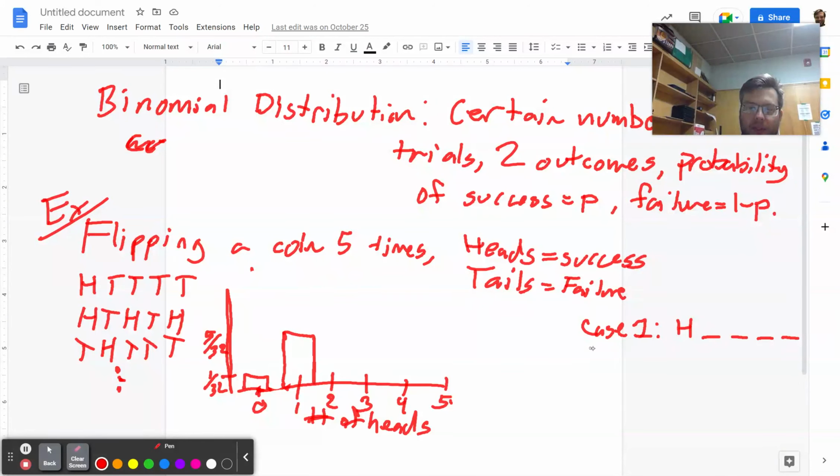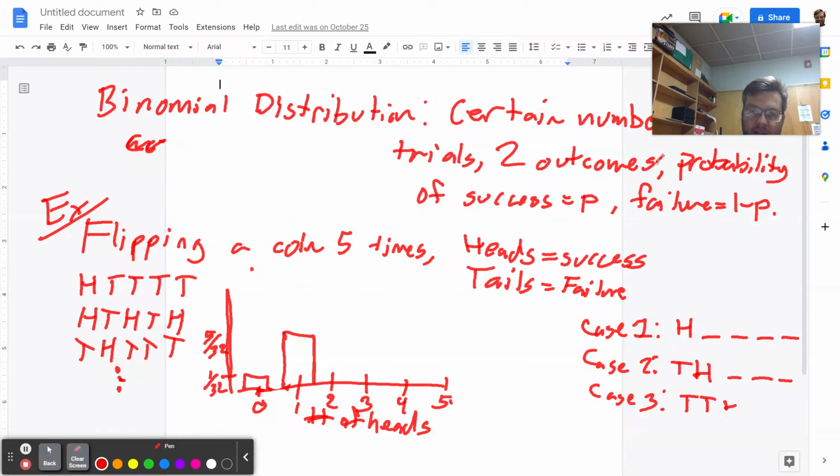And case number 2 is that you went tails, and then your second one is heads, and then you have 3 other options. Case number 3 is that you had tails and heads like this, and 2 other options. Case number 4, tails, tails, tails, heads, and then there's only 1 other option like that.